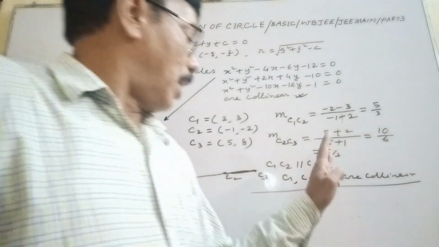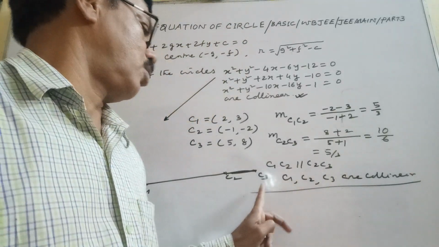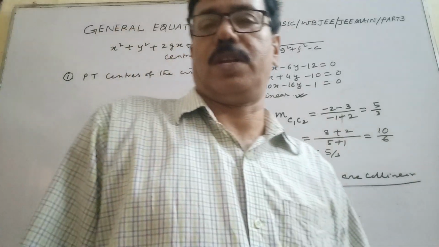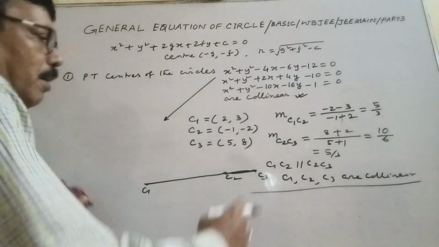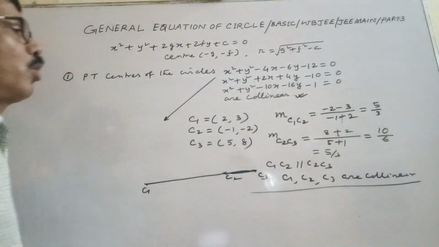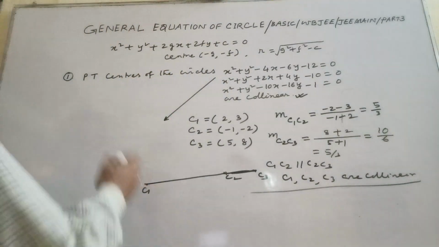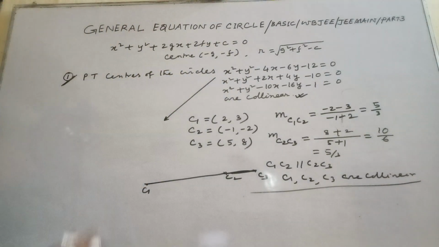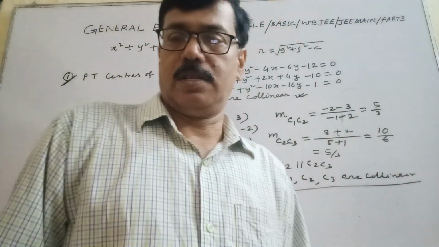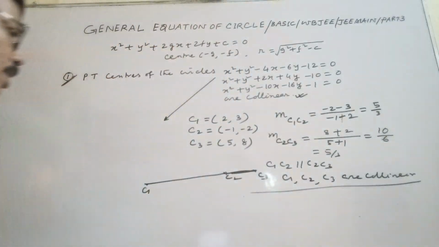They are parallel and point C2 is common, so they must be collinear. So if slopes are same, then points are collinear. So it is a direct application of finding center and radius.